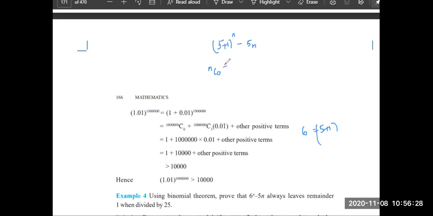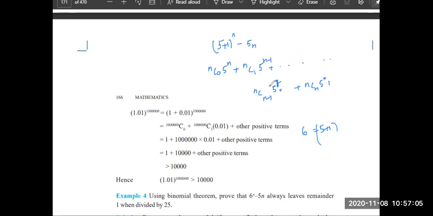It will be nC0, 5 to the power n, plus nC1, 5 to the power n minus 1, plus dot dot dot, plus nC(n minus 1), 5 to the power 1 (sorry, 5 to the power 1), plus nCn into 5 to the power 0, which is 1.